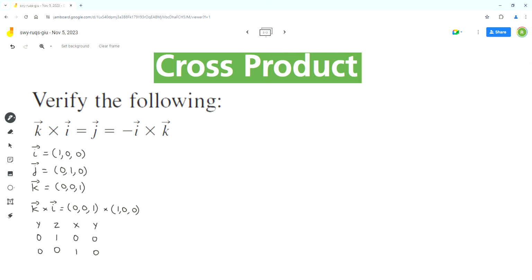Now we can find the x component of the vector, which will be the cross product. So we start with the x component. We cross multiply the y and z components. So we start with 0 times 0 minus 0 times 1.